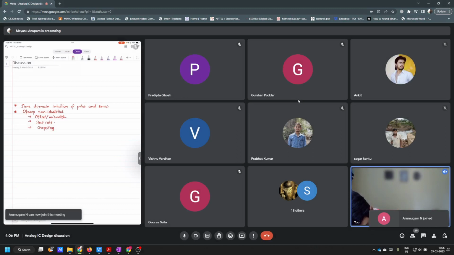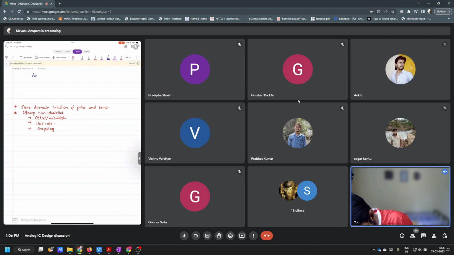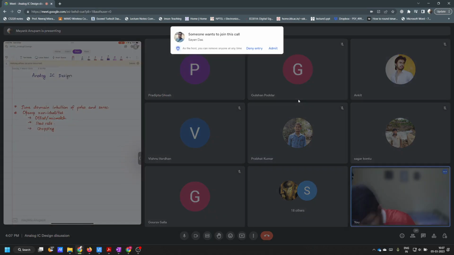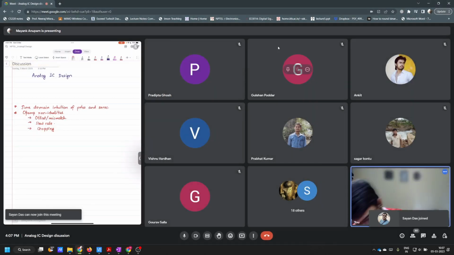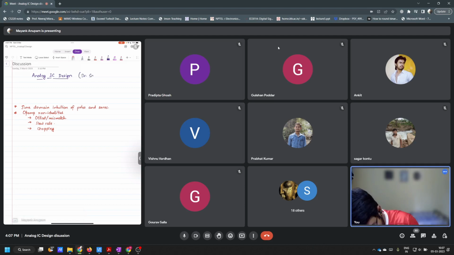So, my name is Mayank Anupam. First of all, this course is Analog IC Design, and it's taken by Professor Sankaran Anirudhan from IIT Madras.